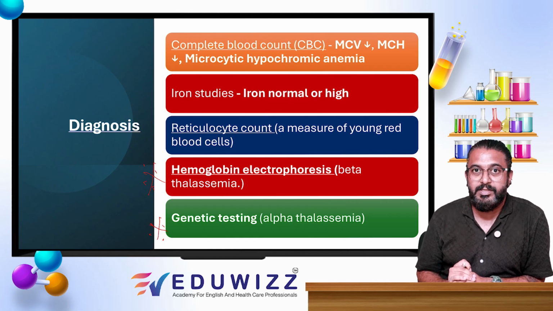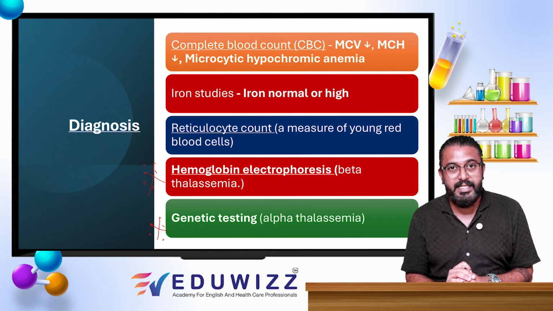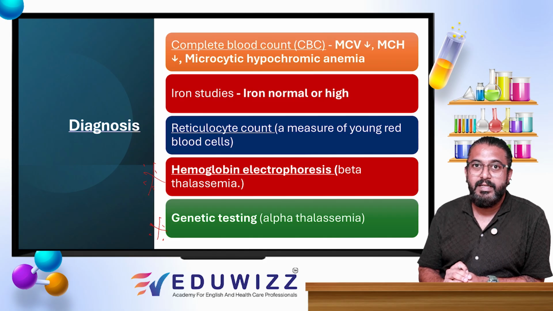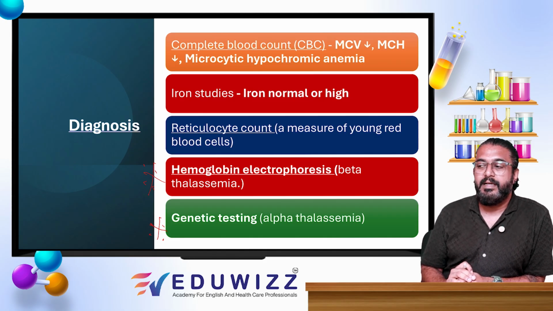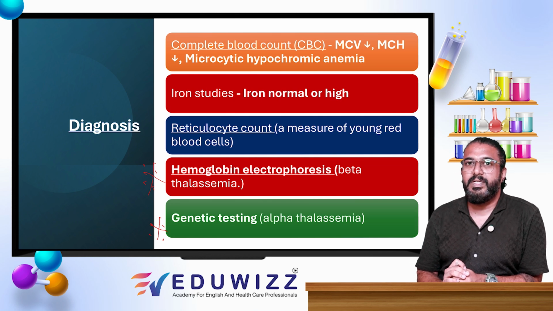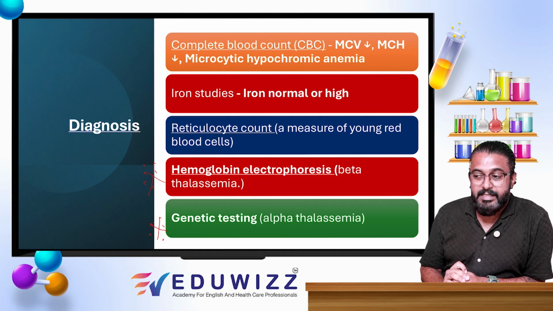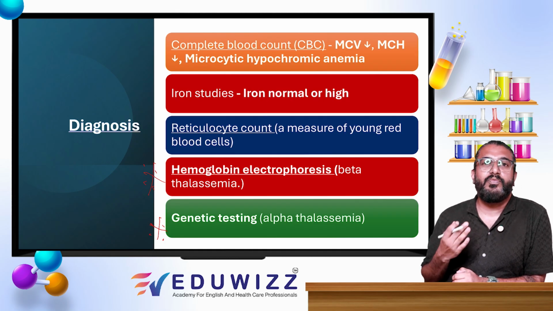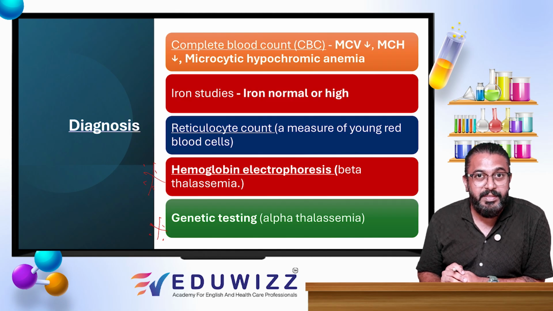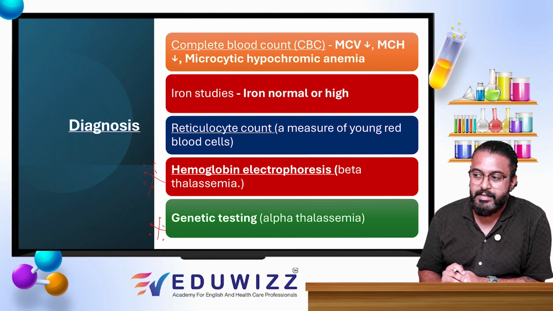So first one is blood transfusion, and because of blood transfusion, we said iron overload is a possibility. So iron chelating agents have to be given. Deferoxamine or deferasirox drugs will be given, and folic acid supplements is another management for formation of healthy blood cells. And if the bone marrow is severely depressed, bone marrow transplant or stem cell transplant is required.